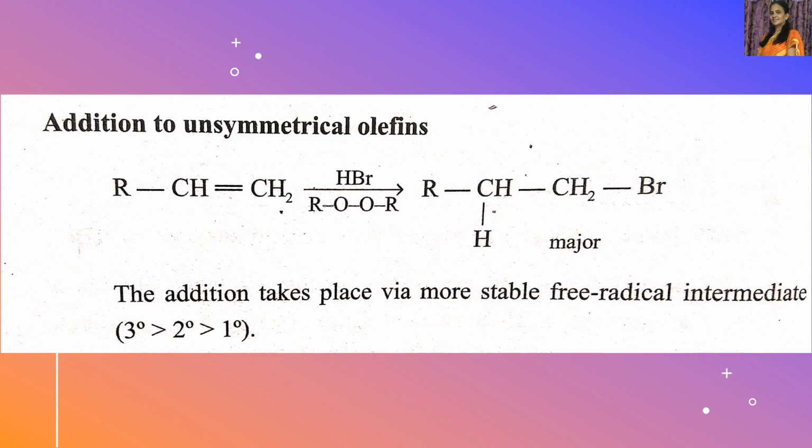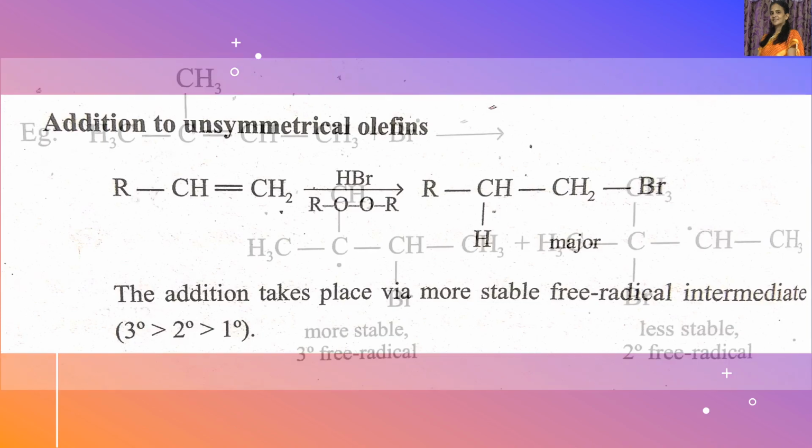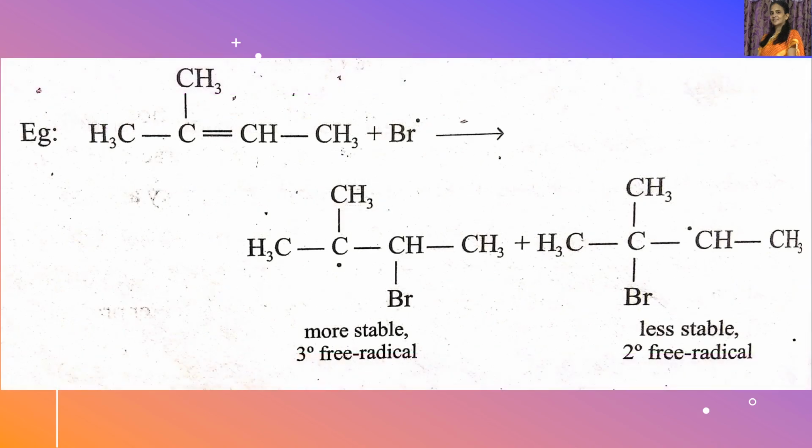Okay. Now let us discuss the addition of HBr in presence of peroxide to an unsymmetrical alkene with a specific example. Now, let us consider this example. This is 1, 2, 3, 4. This is 2-methyl-2-butene.